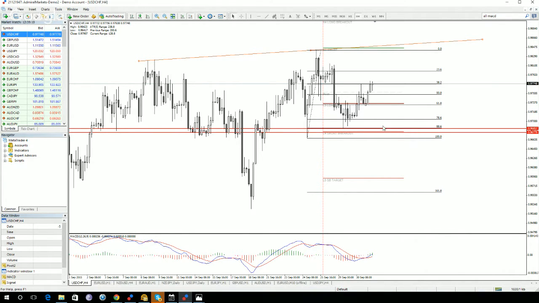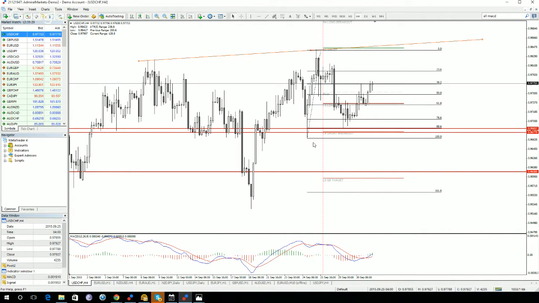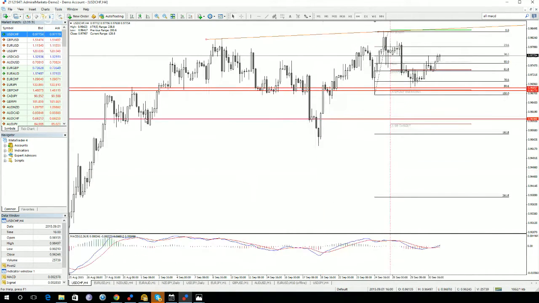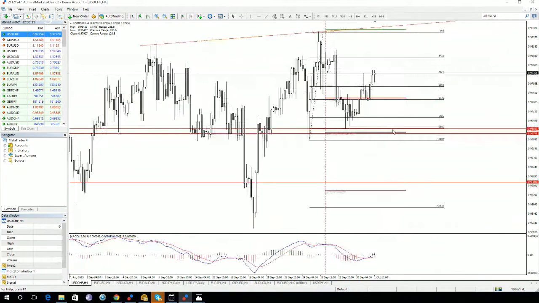You can enter within this zone and put a stop loss at a round number this time, because I think round numbers are very important for Swissy. I would definitely go with 96.00 as the stop loss, including the spread. That would definitely be my stop loss if I enter this trade.